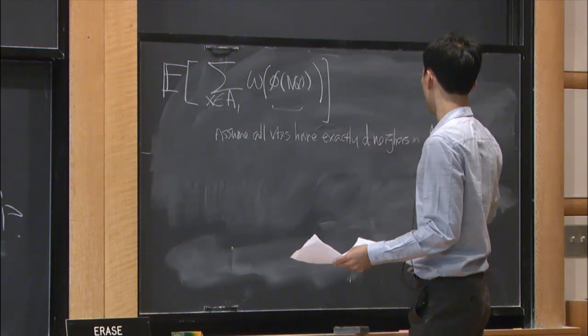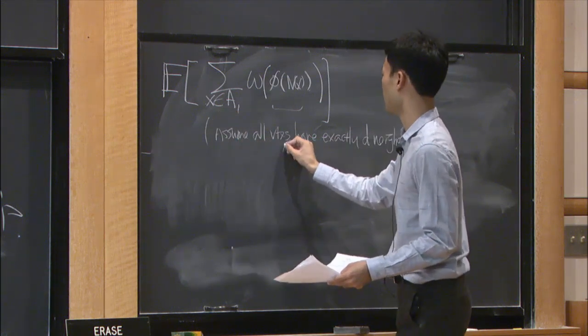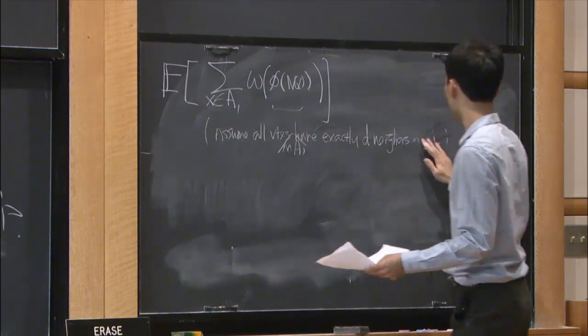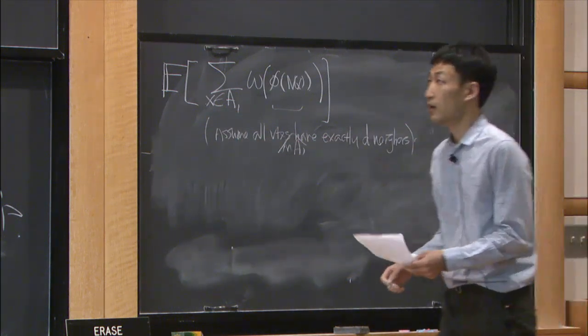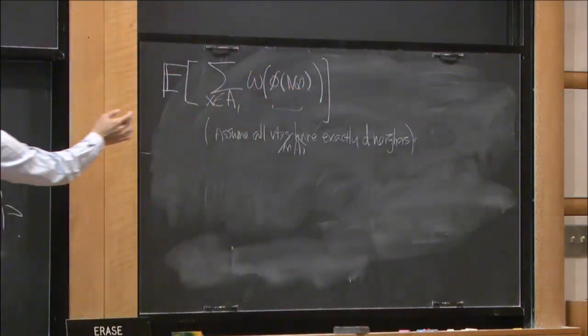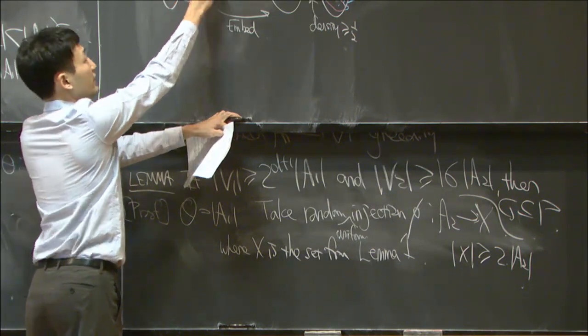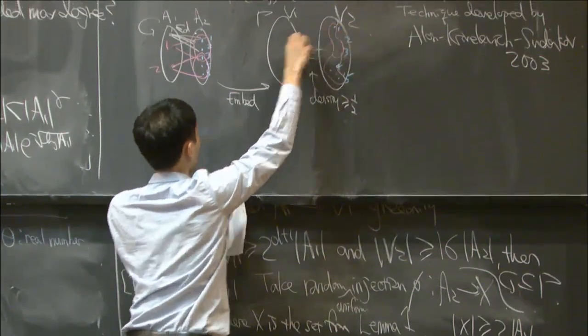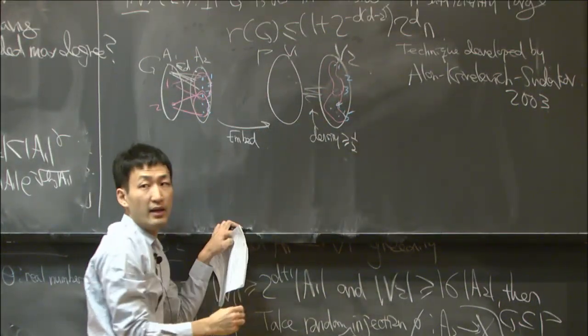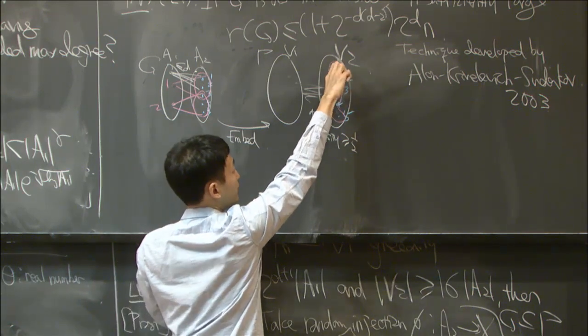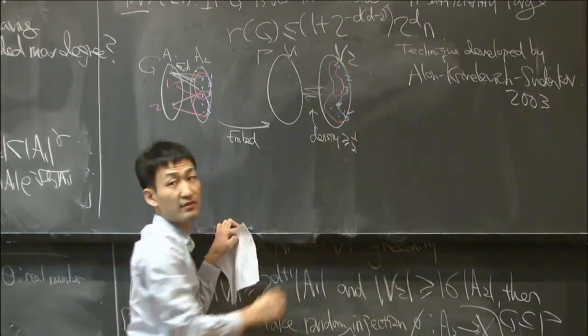What I'm computing here is, for each vertex, look at where these D tuples went to, and I'm trying to understand how much is the defect of this plus how much is the defect of that.